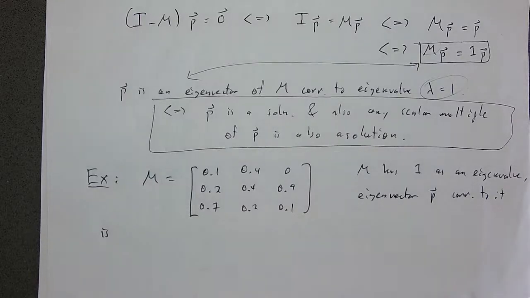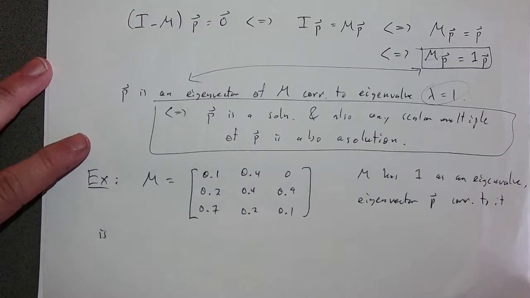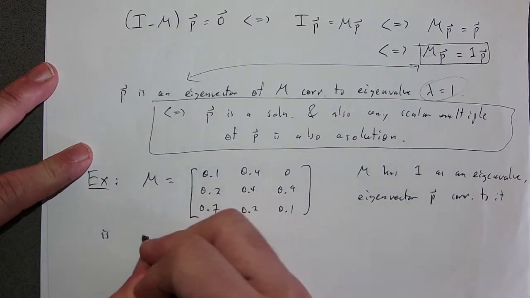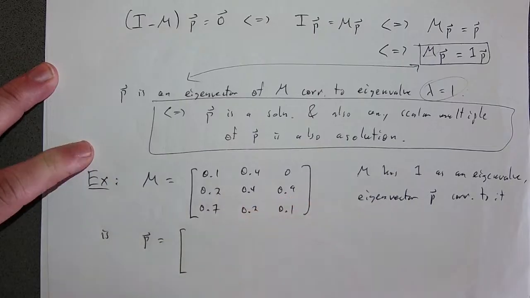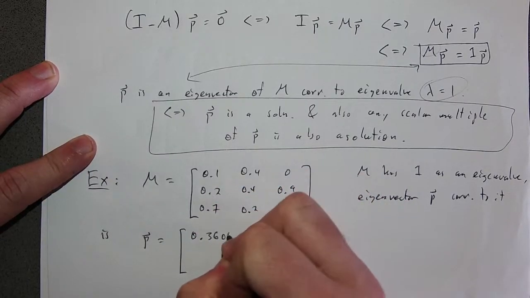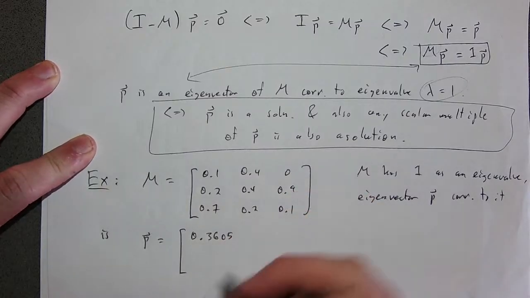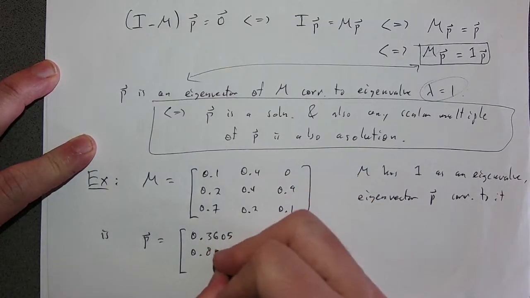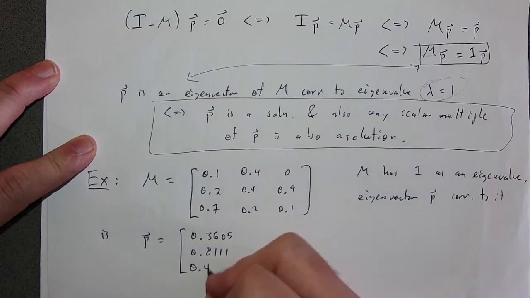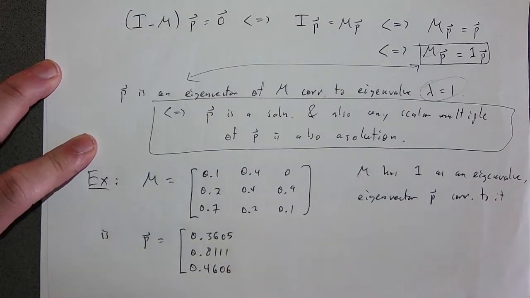So whatever's your favorite method for finding eigenvectors here, just the usual way is fine. This eigenvector that we found is 0.3605, 0.8111, 0.4606.